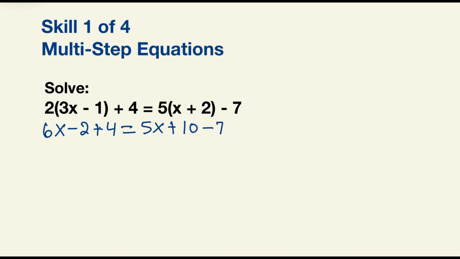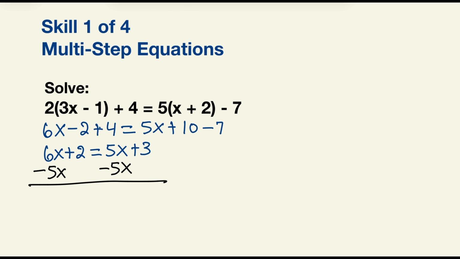Now here you're going to combine like terms. So let's do that. And that is 6x plus 2 equals 5x plus 3. And of course for this next step here, you're going to subtract 5x on both sides. So subtracting 5x on the left and on the right.